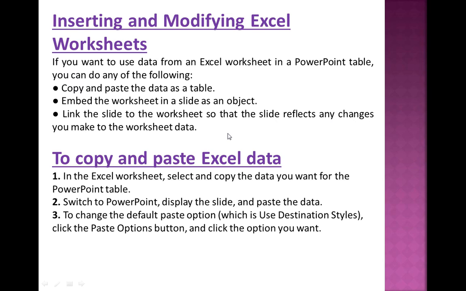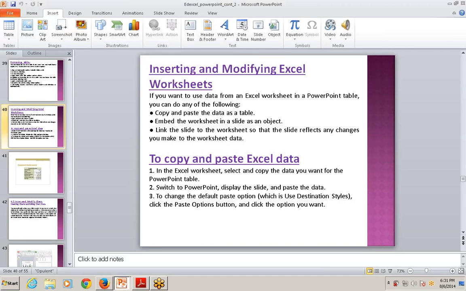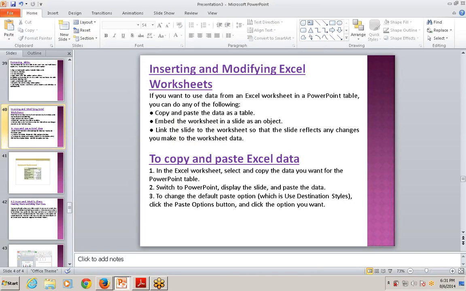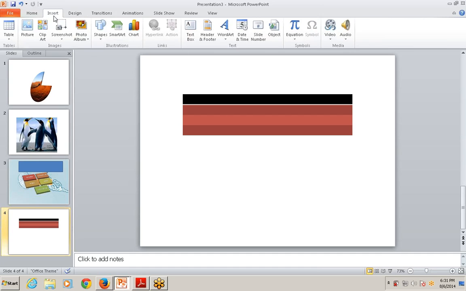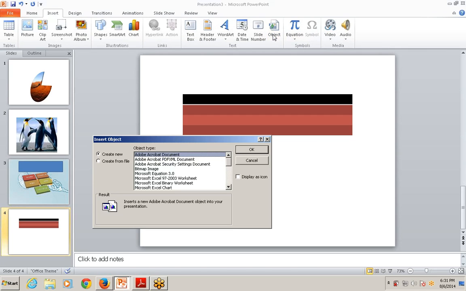Means you can simply embed the worksheet so that any change made to the worksheet will be reflected in the PowerPoint presentation. Now let's see in a practical way how to insert the Excel worksheet. Go to Insert, go to Object, use the Excel worksheet.